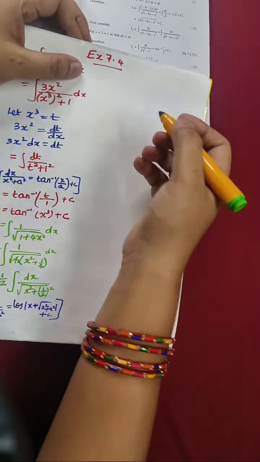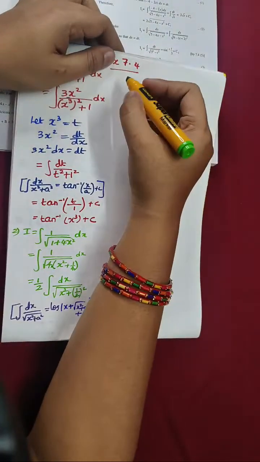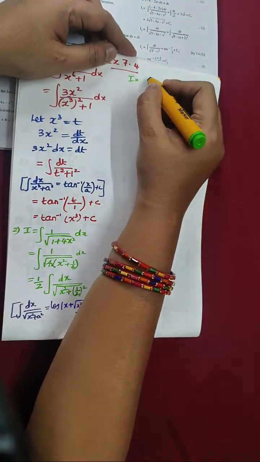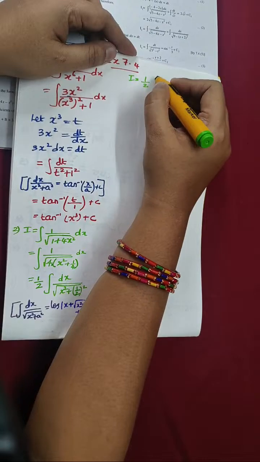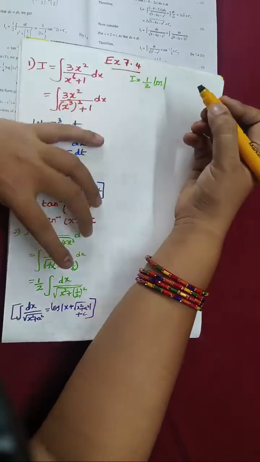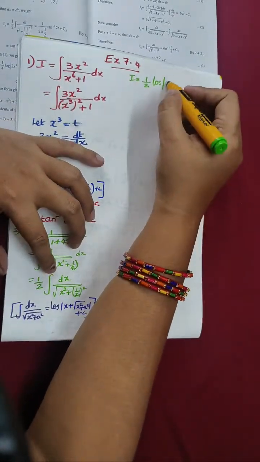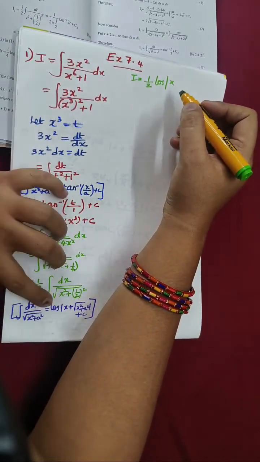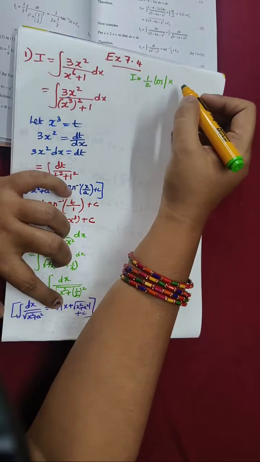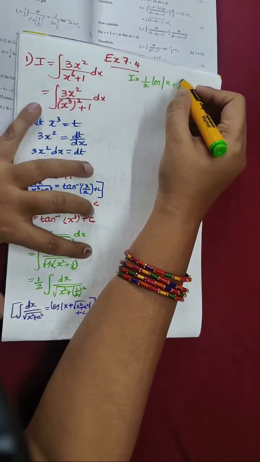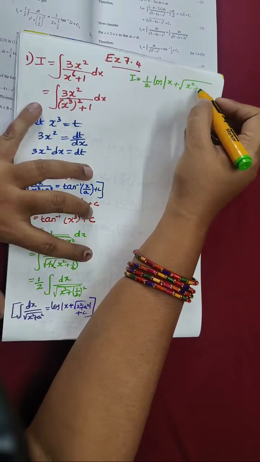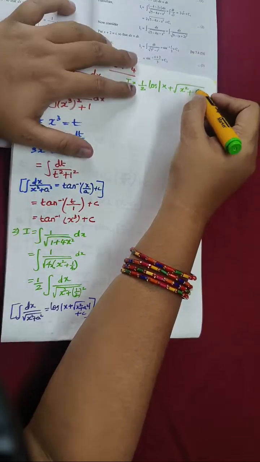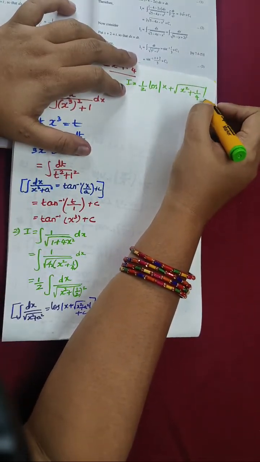So to write the answer, you will write I equal to 1 by 2 already we have, log of x. In the previous question we had t as we used the substitution method. Here you have x as it is, plus root of x square plus a square, where a is 1 by 2, so a square is 1 by 4, plus c.